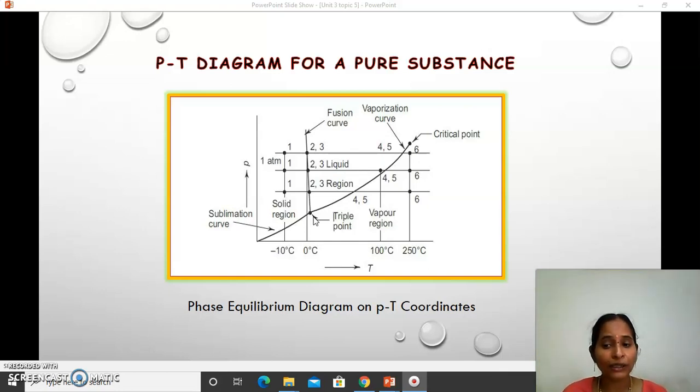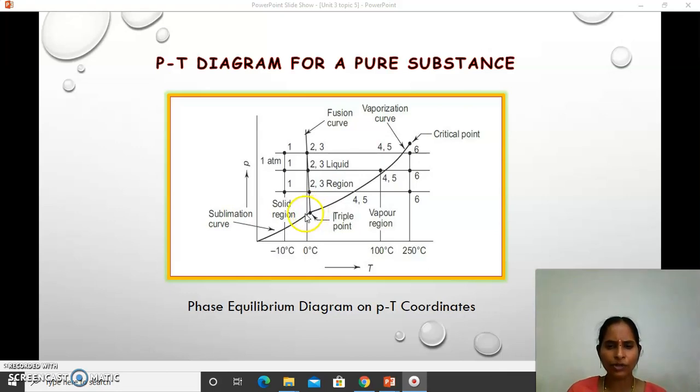You have to know the difference between the critical point and the triple point. Triple means three, so all the three phases coexist with each other. Sublimation, fusion and vaporization mean only two phases exist in equilibrium. That you have to be very clear about.